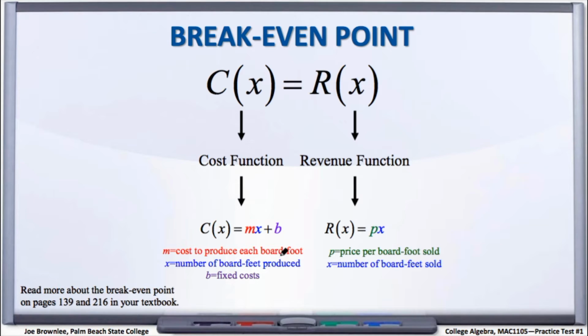That's what we're trying to find: how many board feet we have to produce and sell in order to break even. Break even means the lumber yard isn't making any money, but it's also not losing any money.